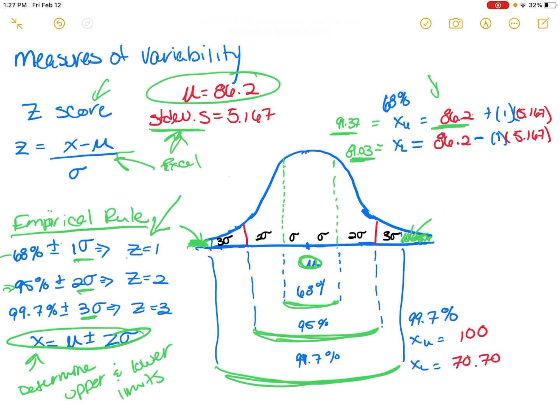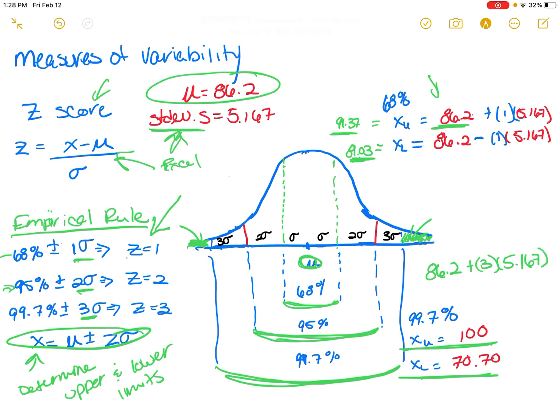If I were to look at 99.7% of the class falling within 3 standard deviations, the high score would be 100, right? And then the low score for 99.7% of that population or sample class would be a 70.7. Using the same thing, that would be the 86.2 plus 3 times the 5.167.